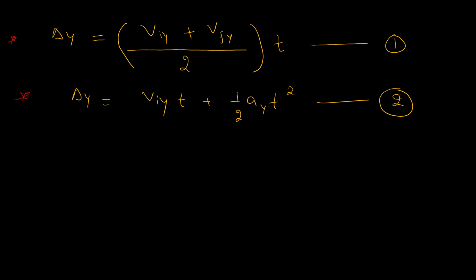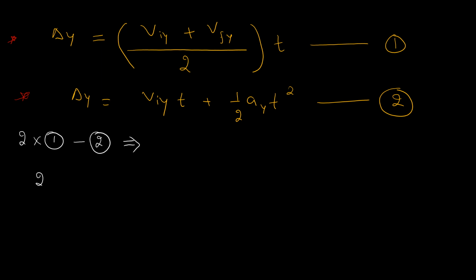What we can do is double the first equation and then subtract the second one. So we do 2 times equation 1 and then subtract equation 2 from it.